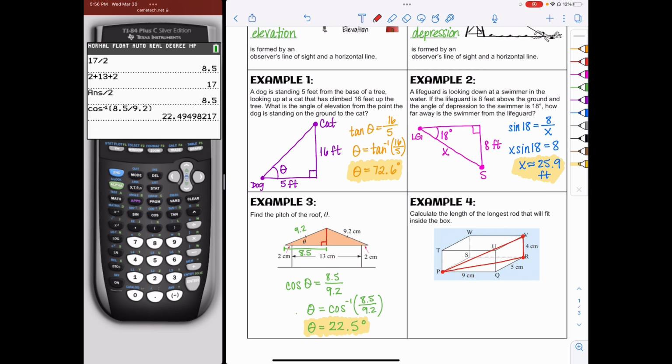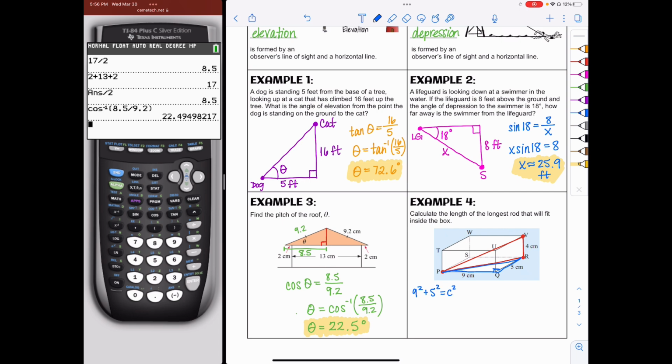The first thing I'm going to find using the Pythagorean theorem is this triangle here on the bottom. That's a right triangle because I already know in that box here that's 90 degrees. So we have a squared plus b squared is equal to c squared. I'm going to have 9 squared plus 5 squared is equal to c squared.